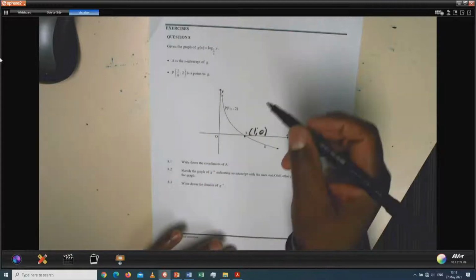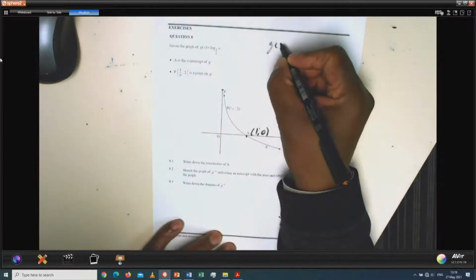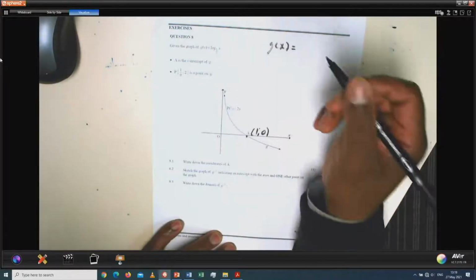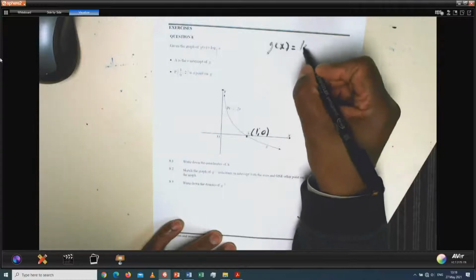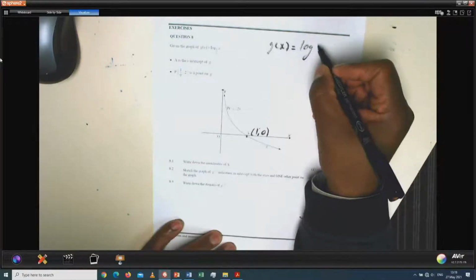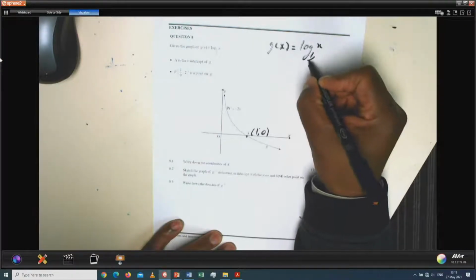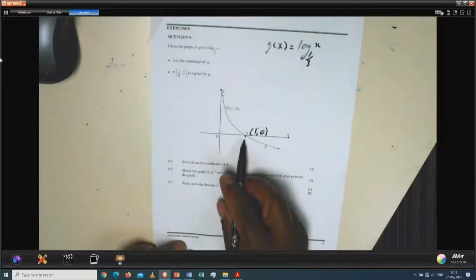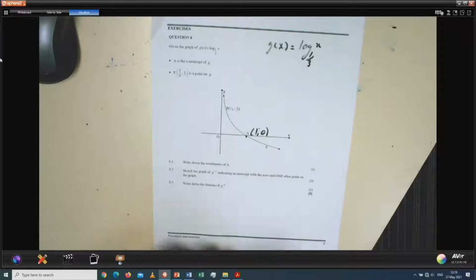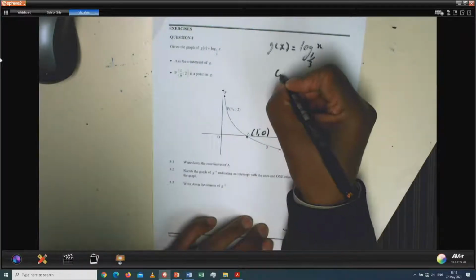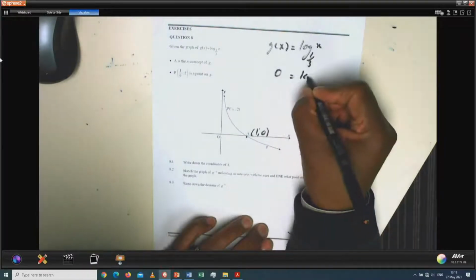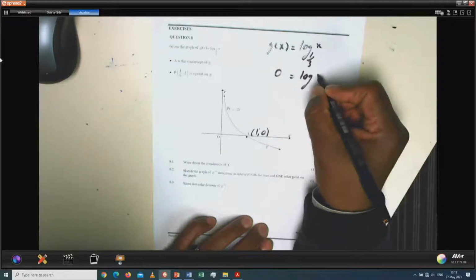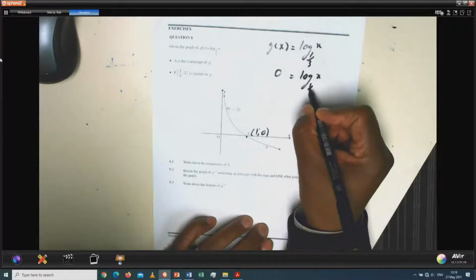Because the graph that is given is g at x, equals log x base 1 over 3. So this is the x-intercept. For x-intercept, y is 0. So you write 0 here. 0 will be equal to the log of x base 1 over 3.